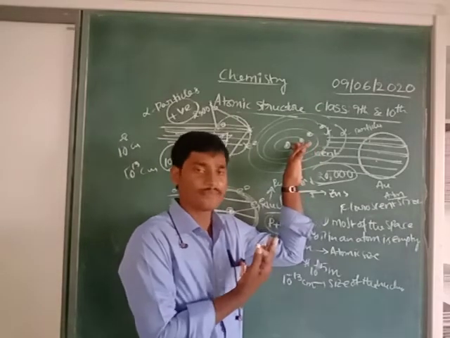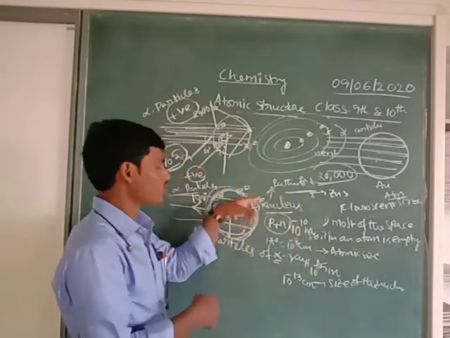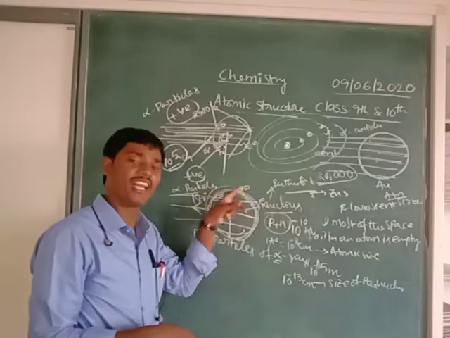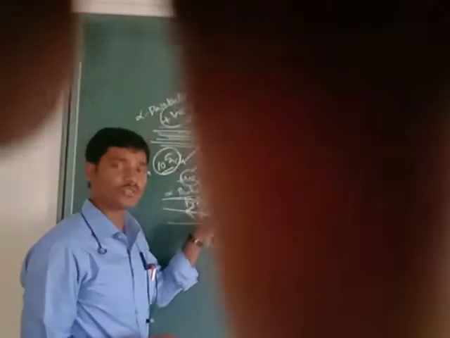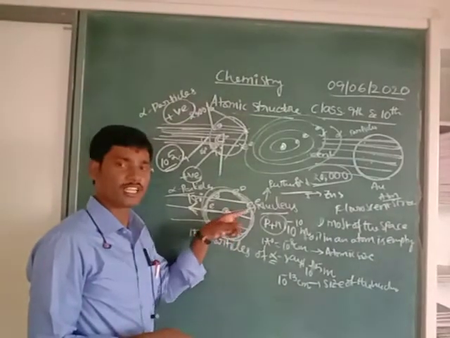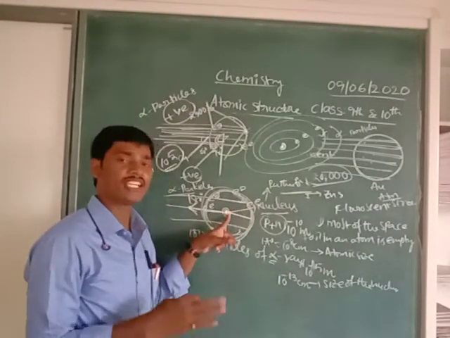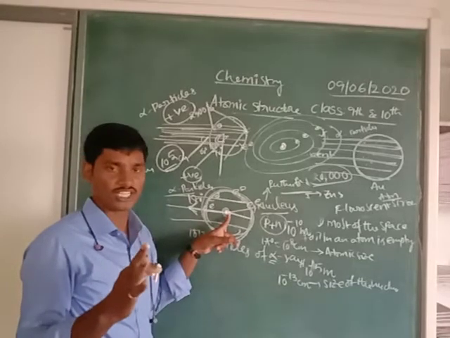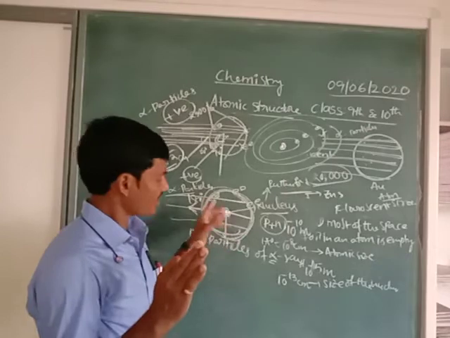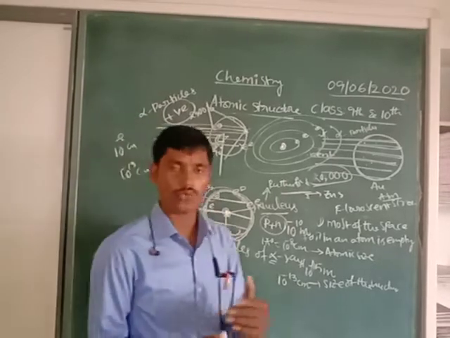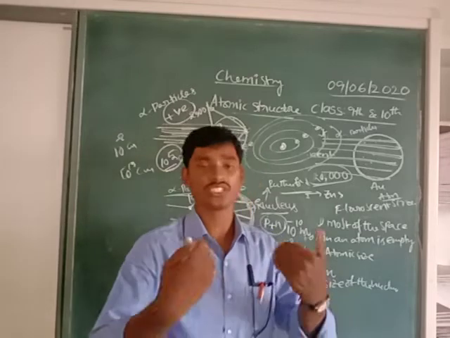Does it happen? No. The same thing applies here also. When the electrons continuously revolve around the nucleus, they do not come closer to the nucleus, which means atoms do not collapse, children. He does not explain why the electron does not emit radiation and does not lose its energy.